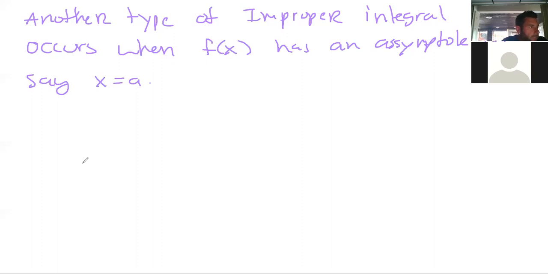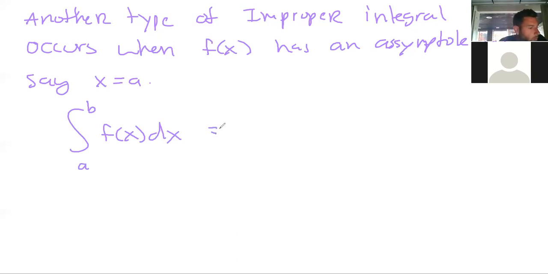So if it has an asymptote at x equals a, how do we assign meaning to this? This doesn't make any sense, because if it has an asymptote at a, that means f of a is undefined. So that means we have that asymptote. It's unbounded. And so how do we make any sense of this?